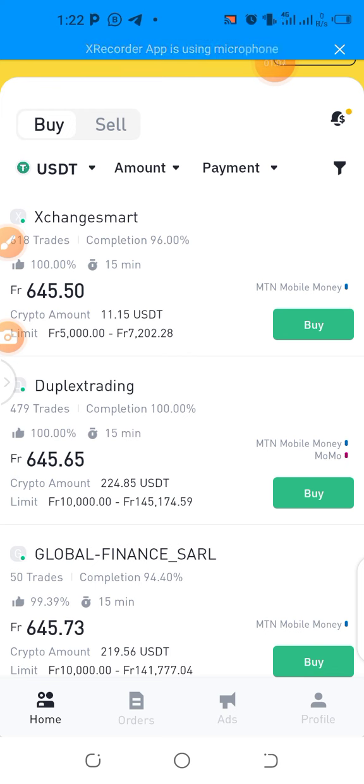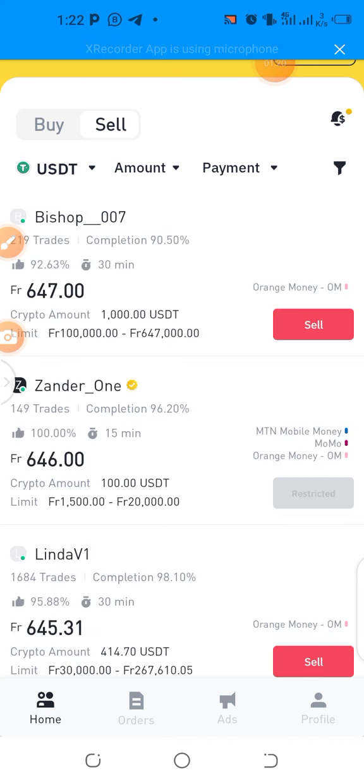Now let's get started. We'll start with P2P scams. On the Binance P2P platform, there are so many ways that people scam others. When you get on Binance P2P and want to place a trade with somebody, what is the first information you are supposed to check?